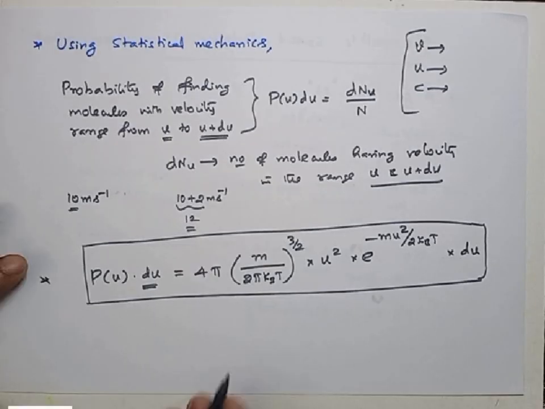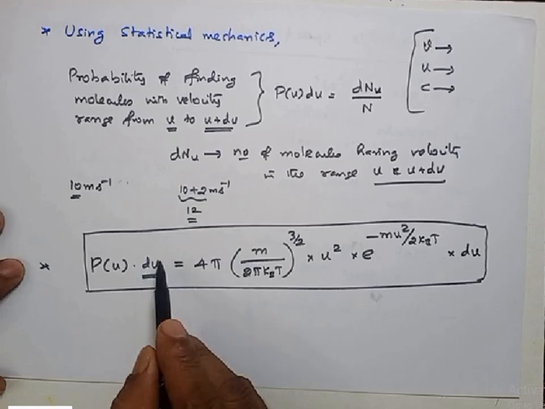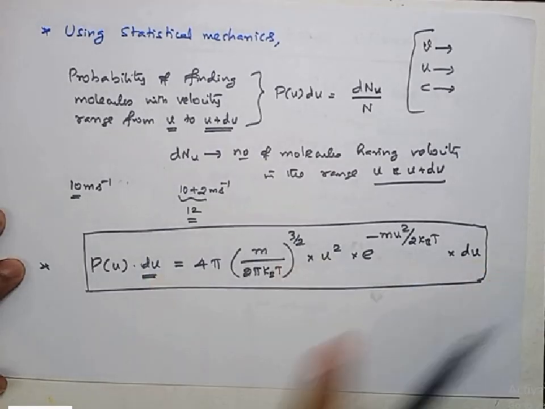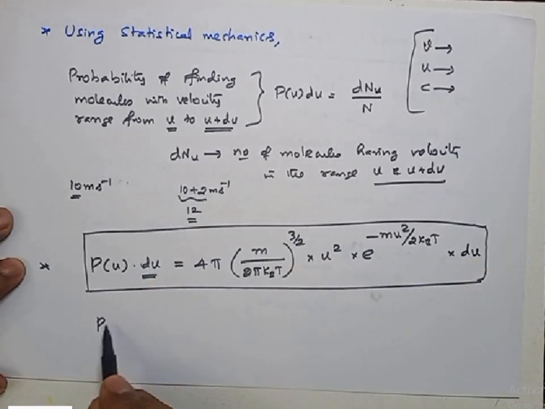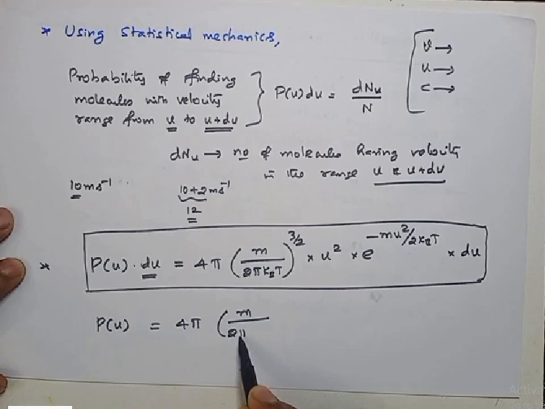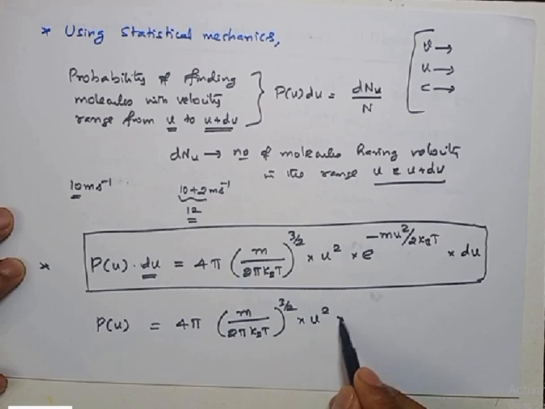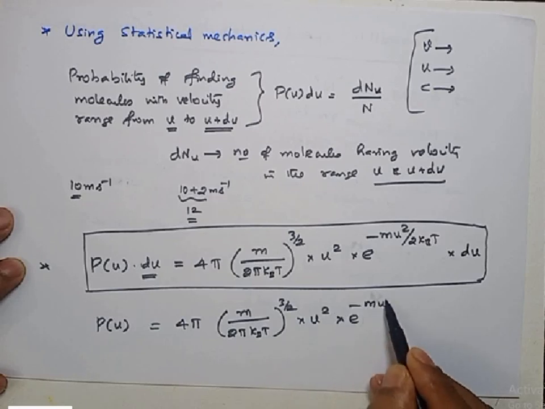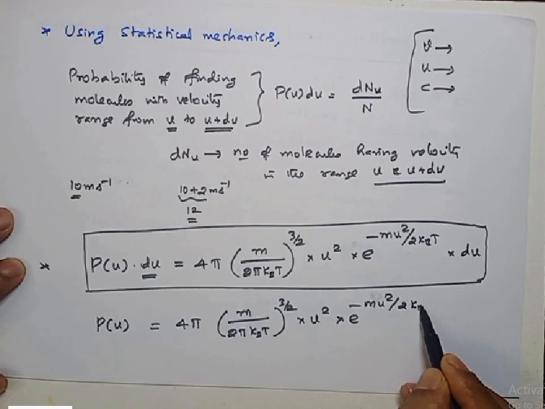Now what I am going to do is remove this du from both sides. So what we get is P of u is equal to 4 pi times m by 2 pi kbt whole power 3 by 2 into u square into e power minus m u square by 2 kbt.